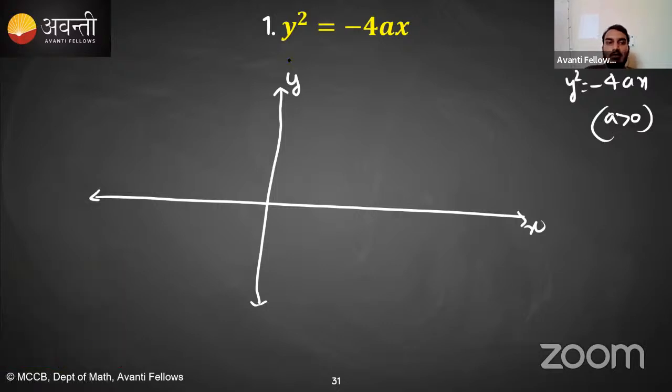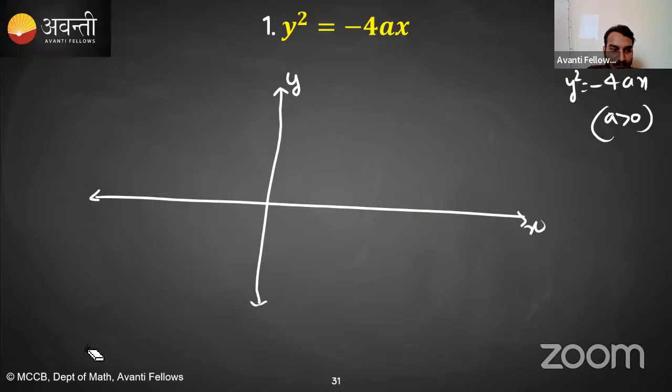Y square equal to minus 4ax. Where is the square? On y, so the axis will be the x axis, but the question is positive x axis or negative x axis. What do we have here? Minus 4ax. It means negative x axis. Yes, very good Anjali, very good JNV Chitra Durga. So it is like this.